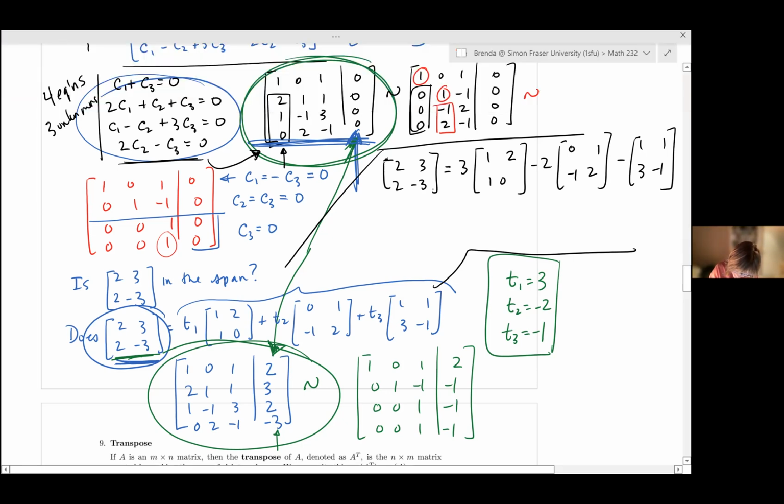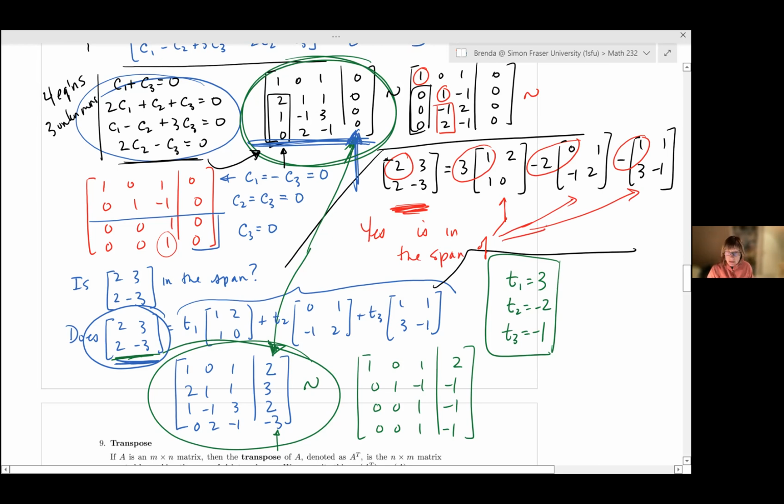I check 2. Is that equal to 3 minus 0 minus 1? Yes, it is. Then I go through the other 3 elements, and because I can make this guy out of a linear combination of these 3, I say, yes, this guy here is in the span of these guys here.